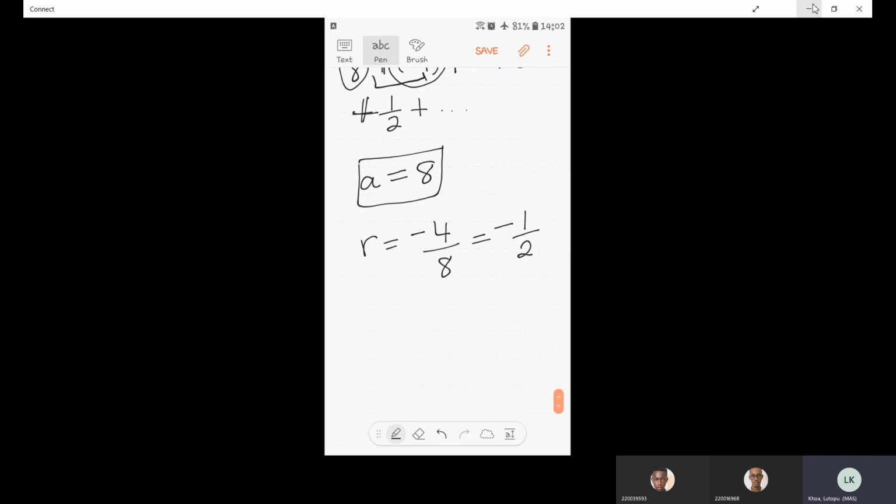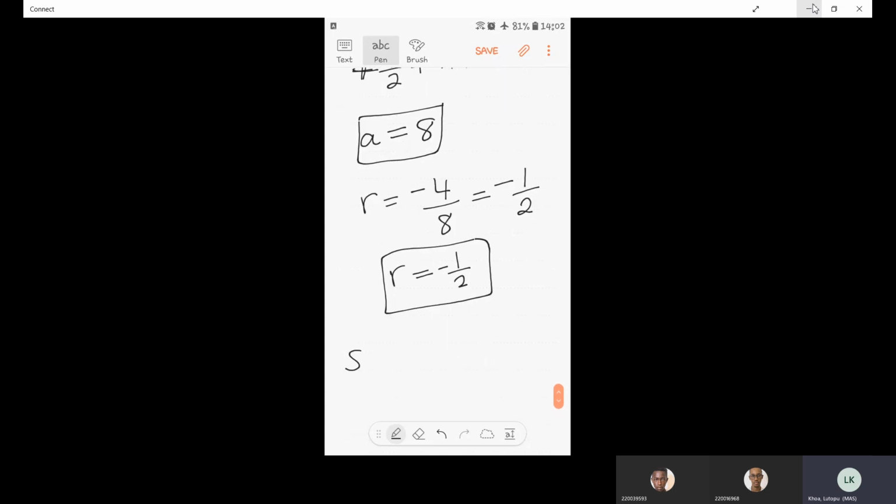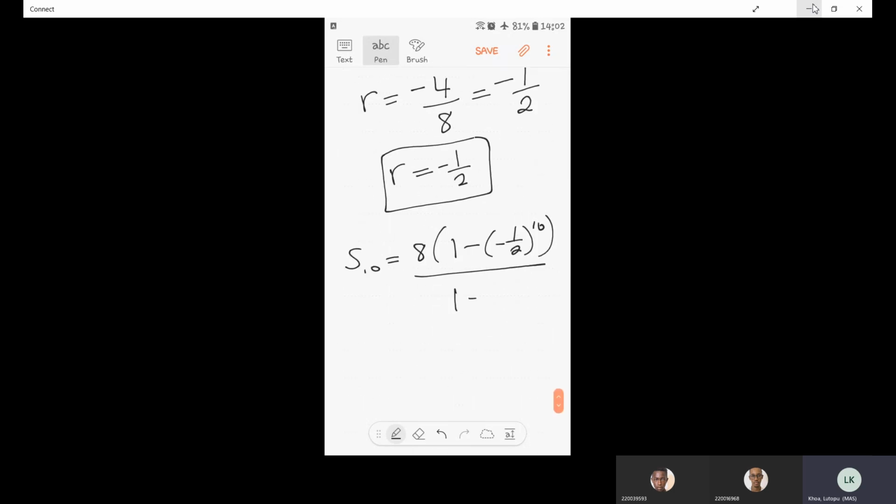So now that I know what A is and what R is, to work out the sum of the first 10 terms is easy. So I say S10 is equal to A, which is 8. Then I prefer this one, 1 minus negative a half to the power of 10. Then you divide this by 1 minus negative a half.